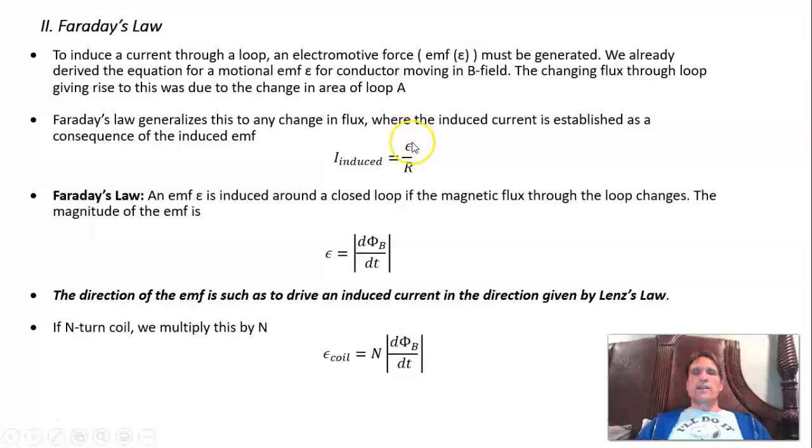Then you plug that in to Ohm's law, and you get that the current is equal to the EMF divided by R, and you get the induced current. If you have an N-turn coil like a solenoid, then you need to multiply the change in flux in each coil by N to get the total EMF. So you can get a large EMF induced in a coil if you have many turns.